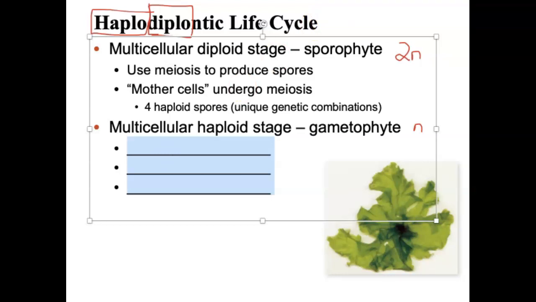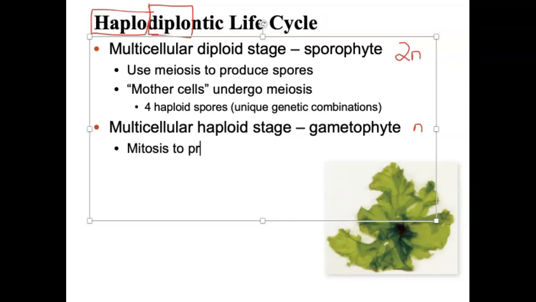So if you are the multicellular haploid structure, we're going to call you a gametophyte. You're going to use mitosis to produce spores. So instead of meiosis, you're using the mitosis process.